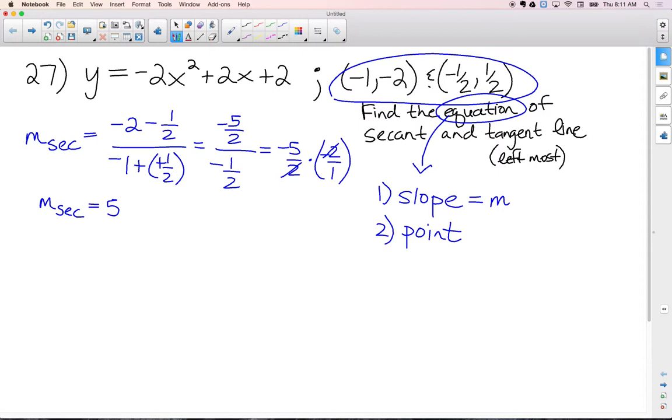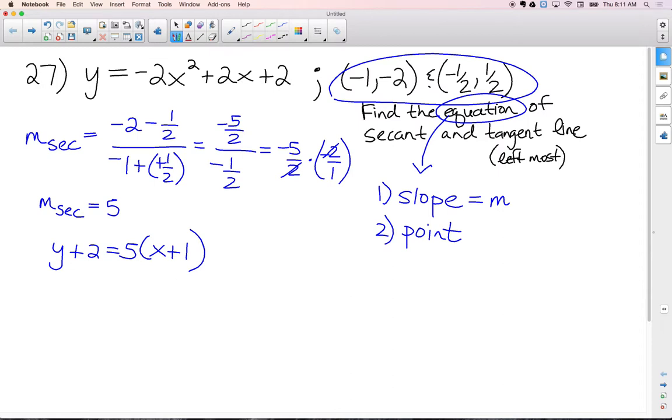Now I just write my equation, and it's up to you which point you want to use. I'm going to use the point without the fractions. Remember your point and your slope, so it's y plus 2 is equal to 5 times x plus 1. I have a feeling that my answer key has them all set equal to y, even though on the AP exam you're going to be allowed to leave it in that format.